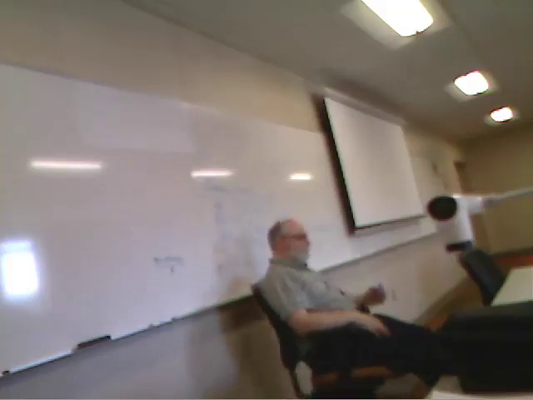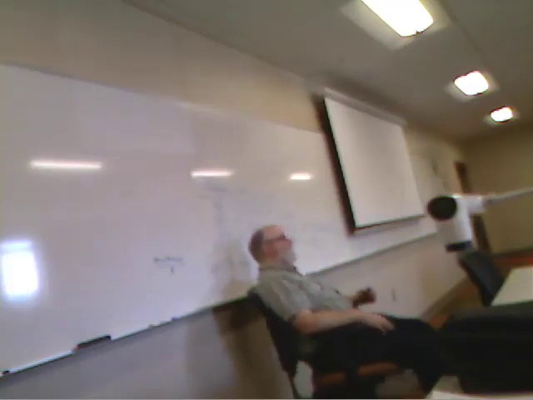What does the standard deviation measure? If I ask the question, what does the standard deviation measure? What's the answer to that question? It measures the variation of the data set from the mean.